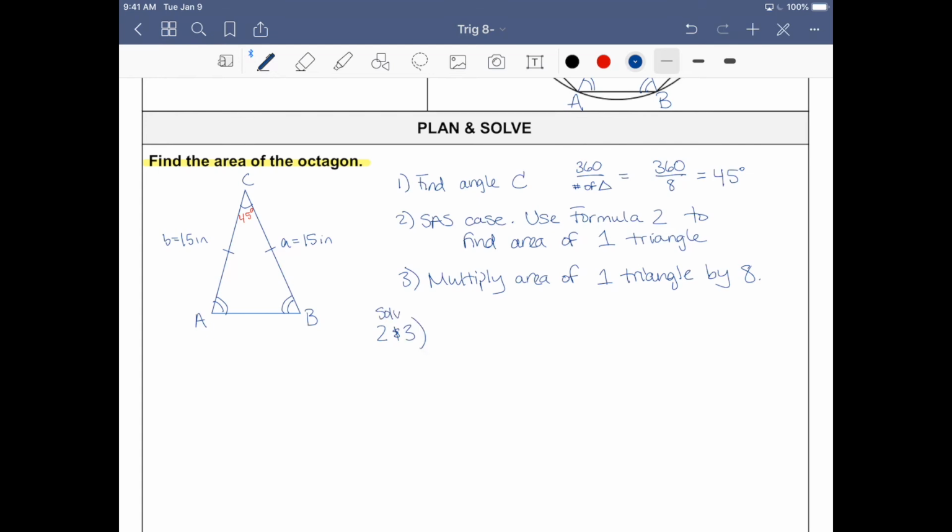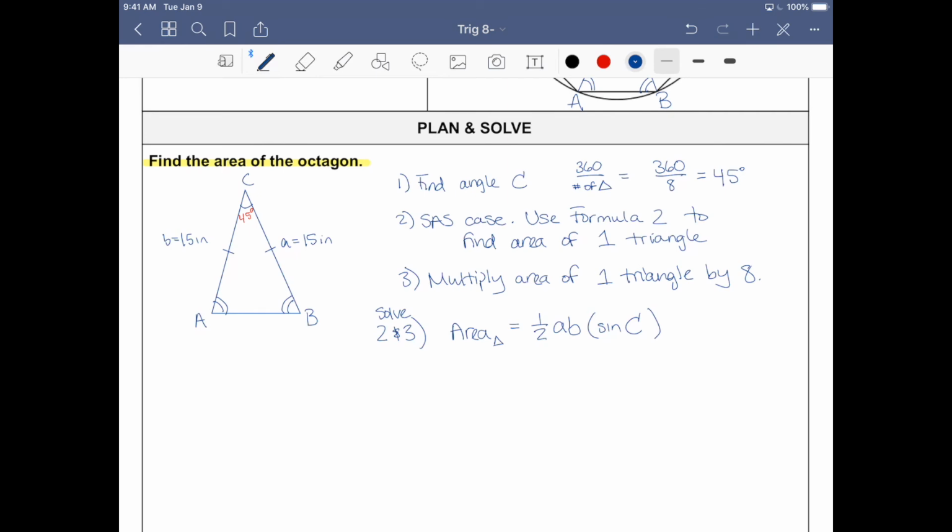So I'm solving this now. The formula that I'm going to use, the area of a triangle, is going to be 1/2 AB times the sine of C. Now, I know that you guys are probably used to writing A for area, but I don't want to use A for area.